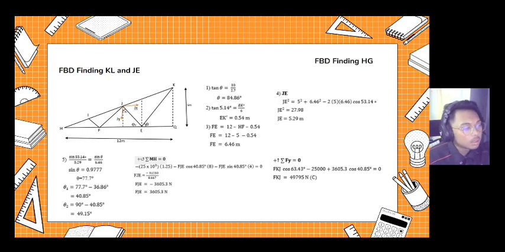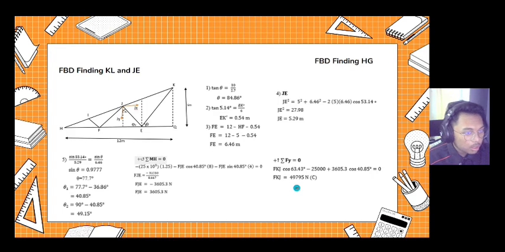Assume that the FGE is 3605.3. Okay, and then Fy equal to 0. FKJ cos 63.43 degree minus 25,000 plus 3605.3 cos 40.85 degree equals 0.